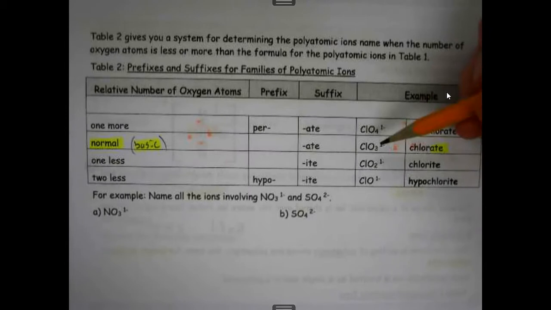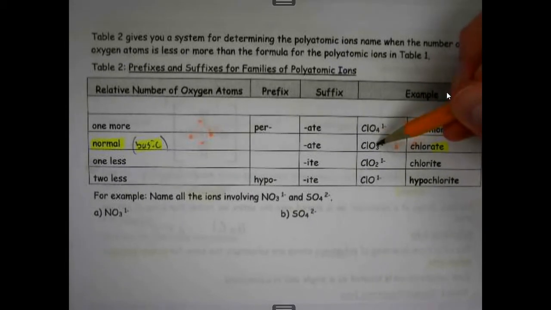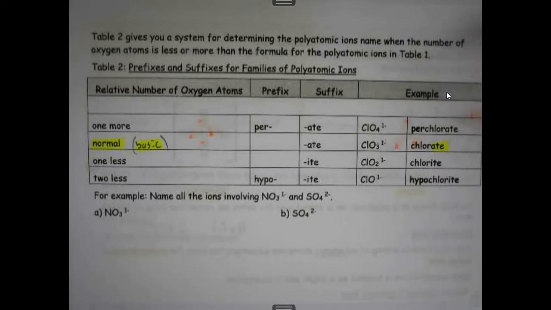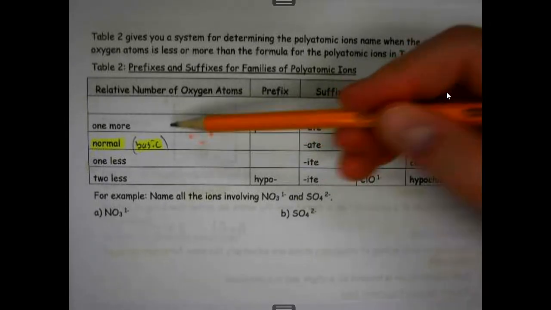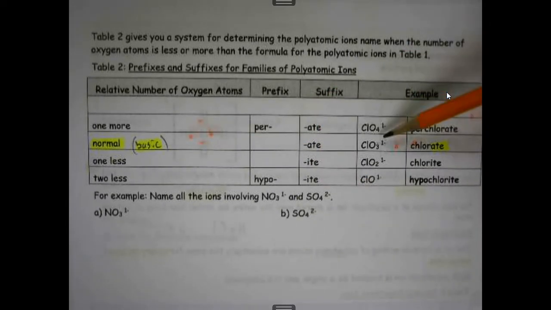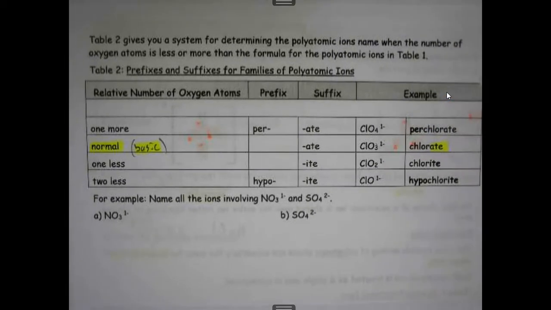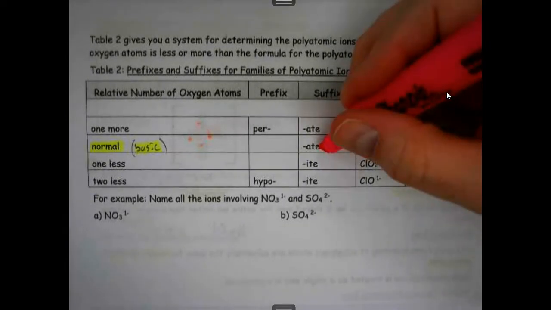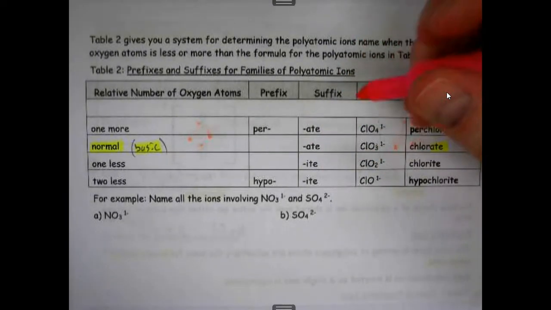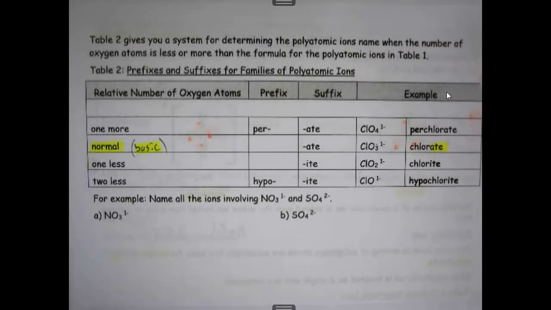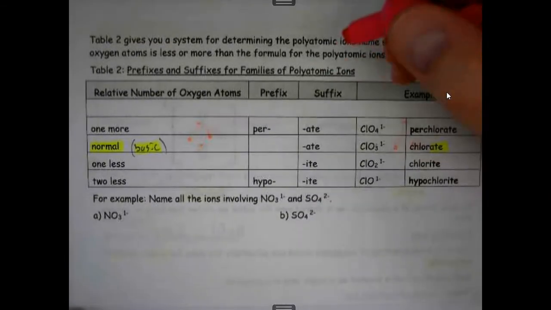So if I remember chlorate, it's ClO3 with a 1 minus charge. However, if I get one more oxygen, it's going to be ClO4, and then we change the name to represent that change. It's still the same ion, but we make an alteration to the name to let people know that it has a different formula.